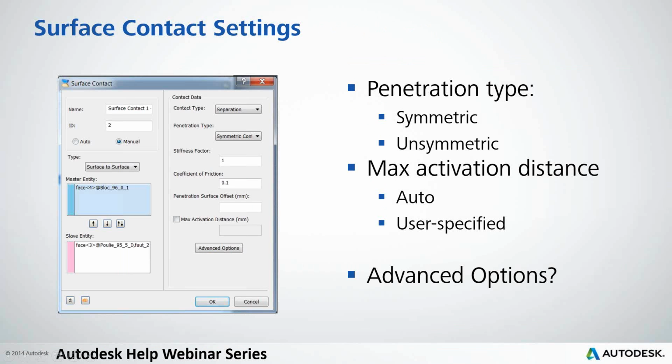Now it matters which one you're setting up when you do an unsymmetric contact, but if you switch that contact type to symmetric, it's not actually going to matter. It's a little bit easier for those new to setting up simulations if you go with that symmetric contact type. By default, it's going to go with an unsymmetric contact type when you set up contact initially. So it's an important change to make if you're getting some funky results with your contacts.